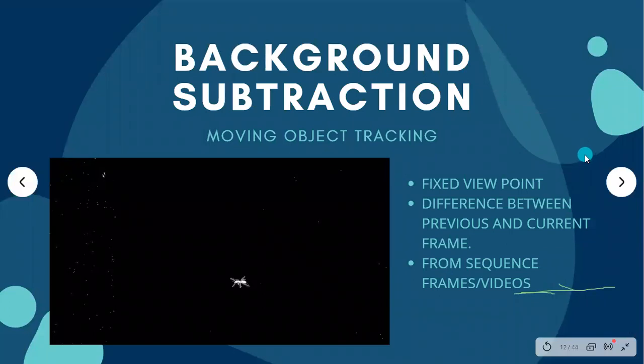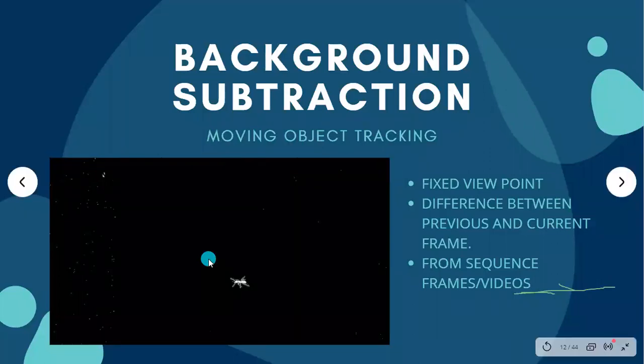So if you are watching this video on a mobile phone, then you might need to zoom in on this image, right? So that you can see individual white spots here and there. Now, background subtraction is basically subtracting the previous frame from the current frame, or the previous image from the current image, because a video is just a sequence of images, right?